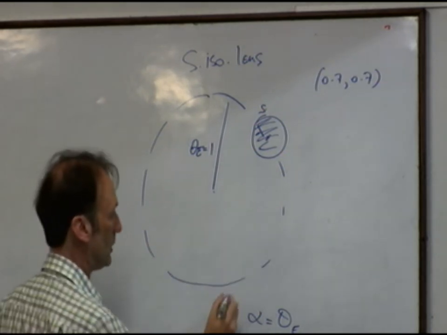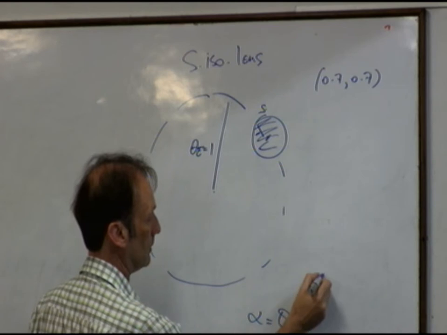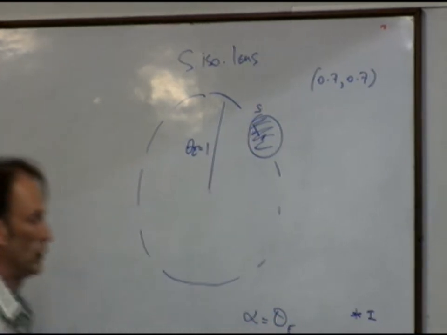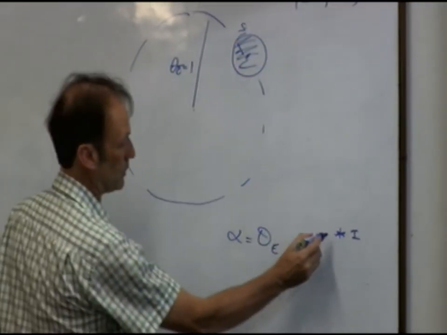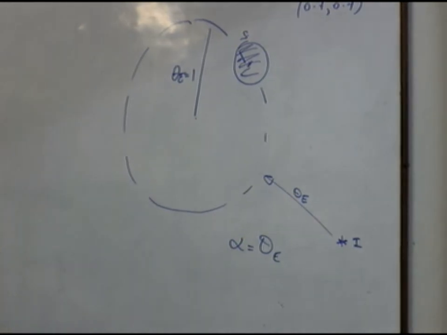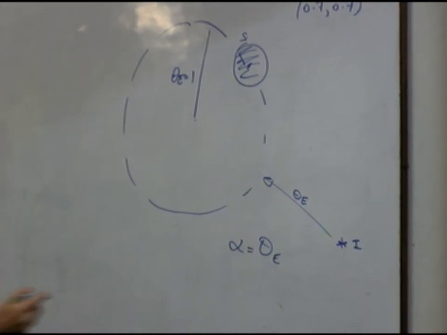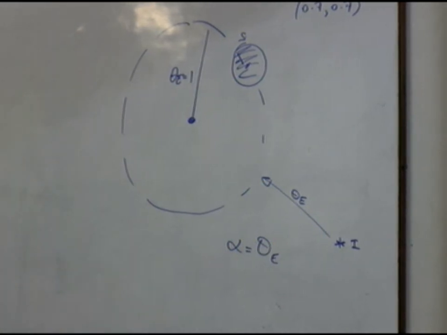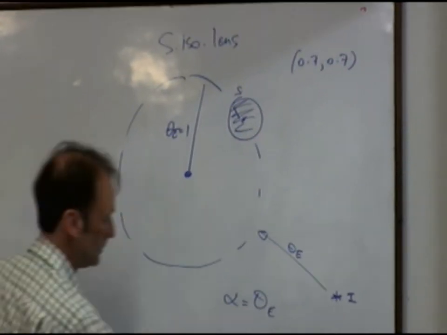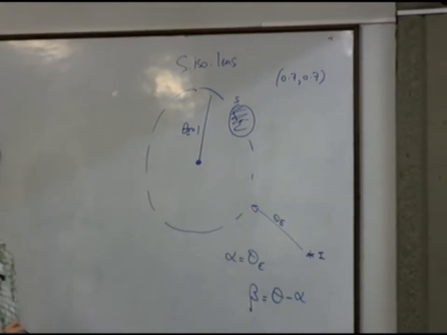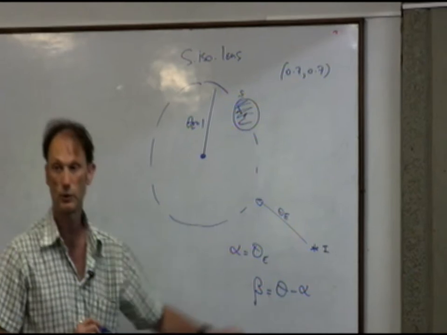So wherever you see an image, you know from the lens equation that the source was exactly theta E further in along the radius vector towards the center. That's what the lens equation tells you: source position equals image position minus deflection angle.